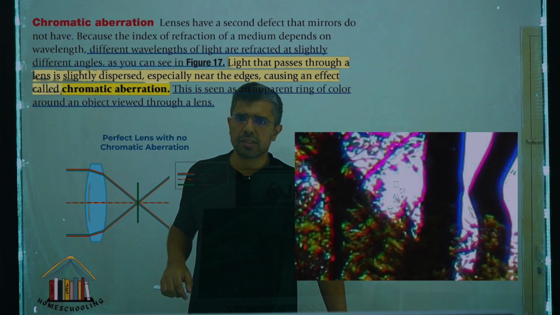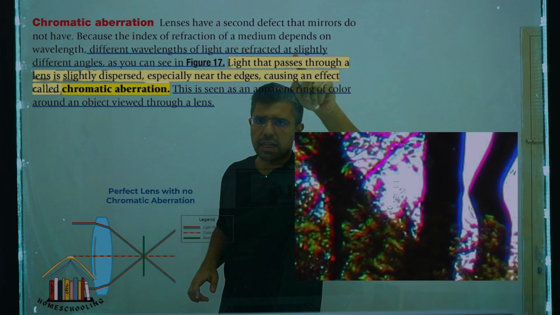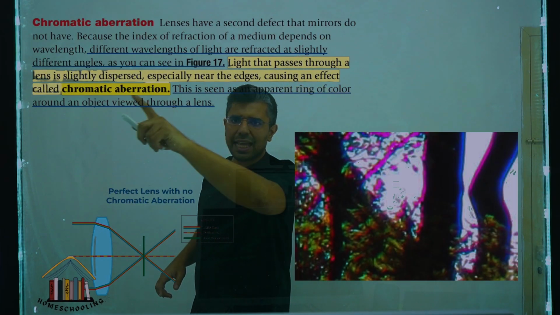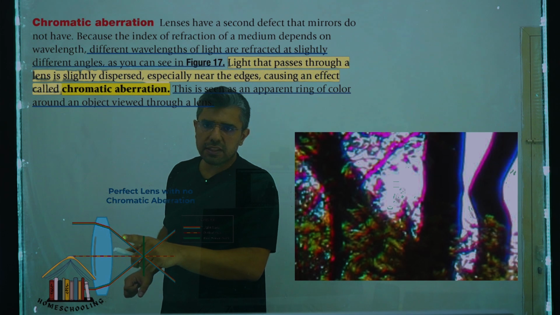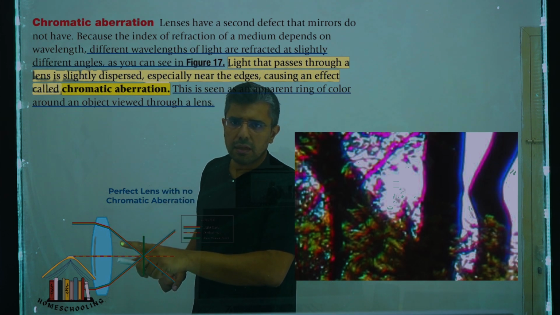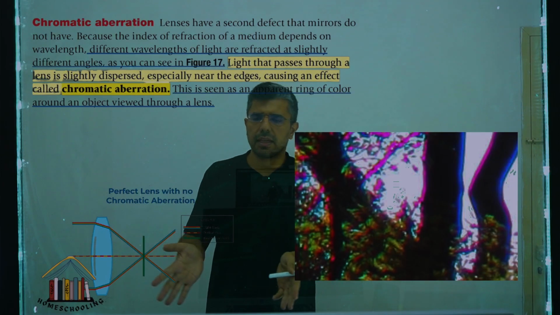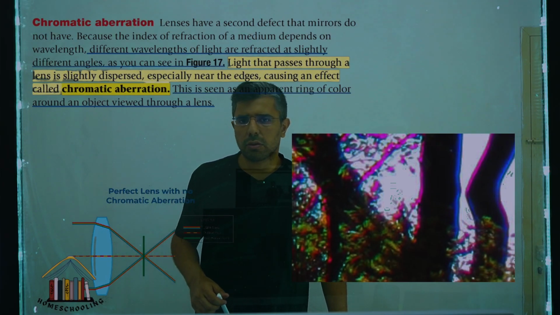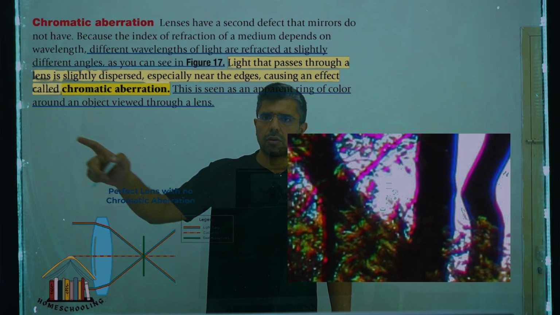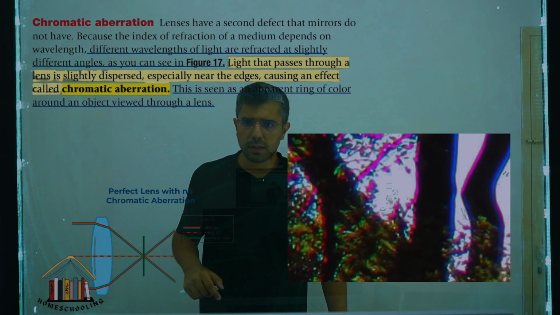Every color has a different wavelength, so different wavelengths of light are refracted at slightly different angles. As you see here, the angle of the red light is different from the angle of the blue light, and as a result, they disperse in different positions, causing the problem called chromatic aberration.